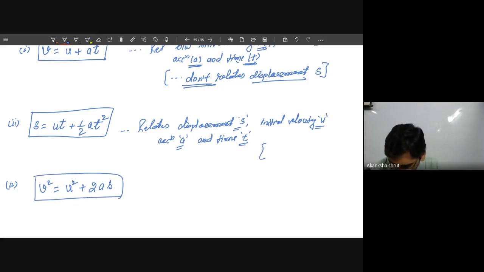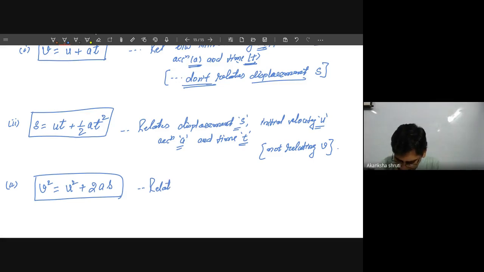Student, in bracket you may write here that the second is not relating which quantity? V, the final velocity v is left out in the second. In the third one, the final velocity v is related.